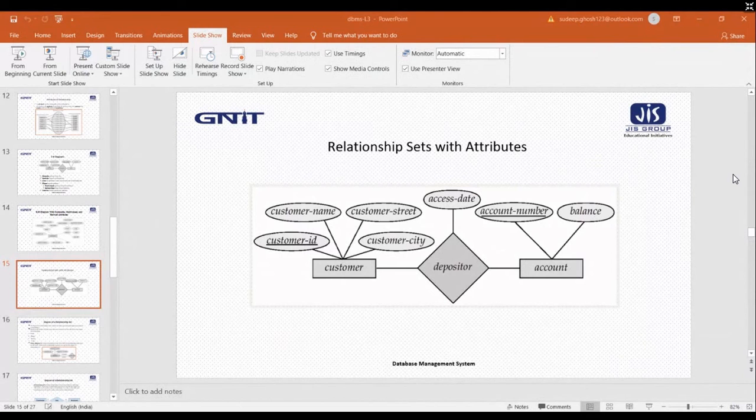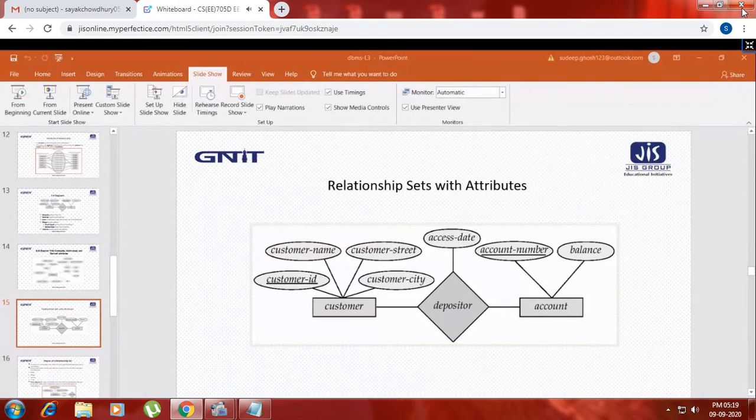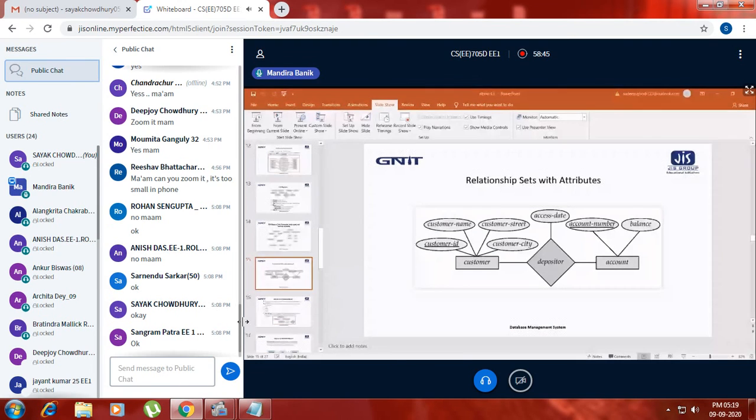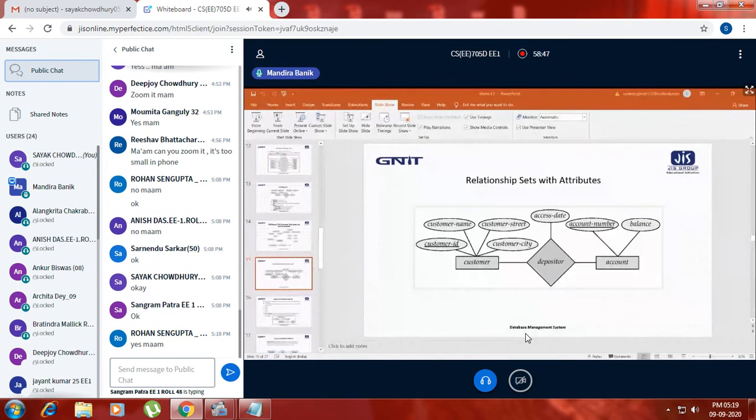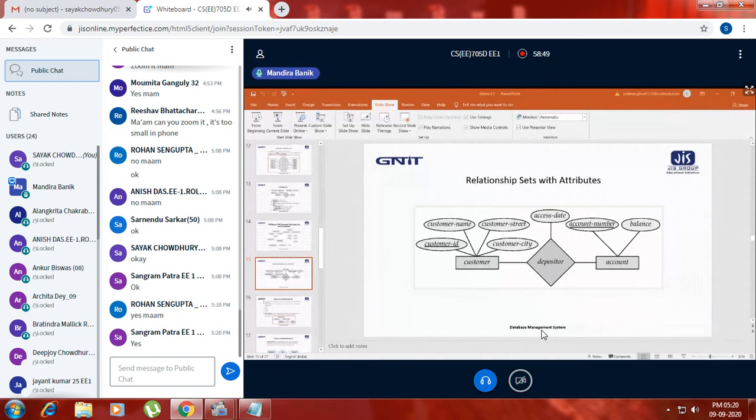Up to this, have all of you understood this attribute of relationship set? It is not an attribute of the customer or the account, it is an attribute of the depositor relationship.